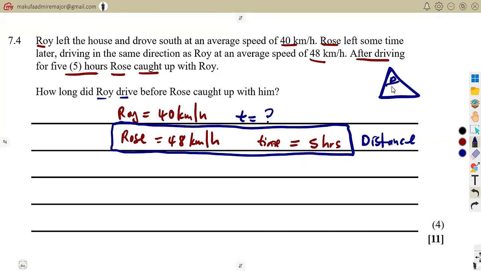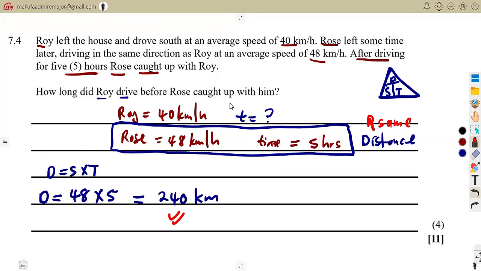Where we talk about this DST, guys, distance is equal to speed times time, meaning to say the distance traveled by Rose, which is the same as the distance also traveled by Roy, is going to be the speed times the time. So the distance is 240 kilometers. But this is not what they are asking. They are asking us the time, how long. This is the time that Roy had to drive. If he has to cover 240 kilometers, when they meet, it means they've traveled the same distance. So we have the distance here, which is 240 kilometers.